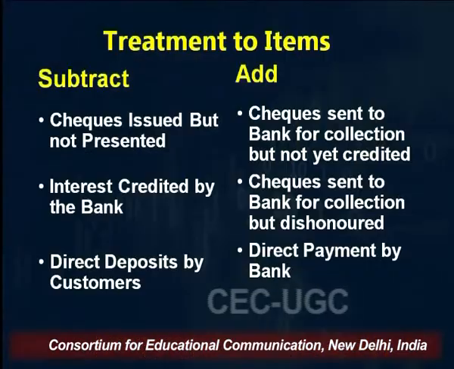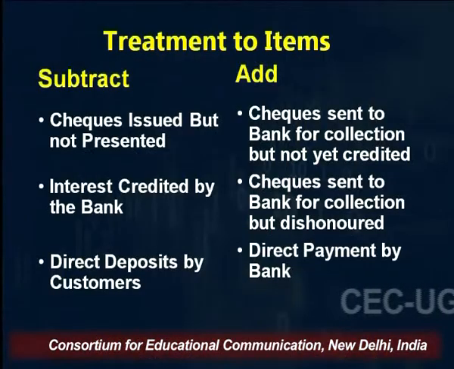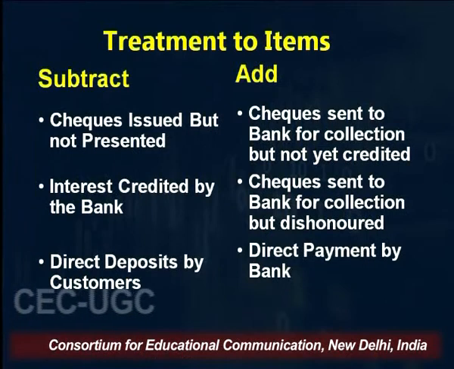Now I shall be discussing all those items which are going to be added when the BRS is prepared as per the credit balance of the passbook. The first item which we add is the checks which were sent to the bank for collection but are not yet credited.